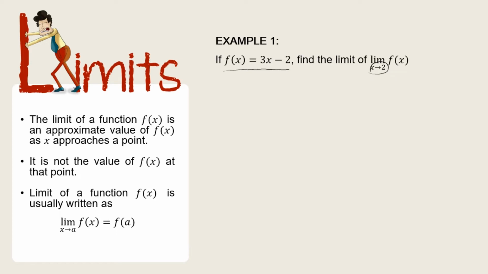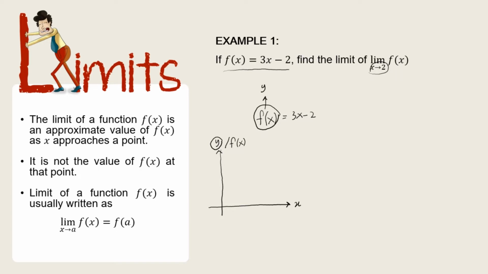For example, in our case, we have f(x) equal to 3x minus 2. Okay, f(x) also is the value of y. When you have a two-axis graph, you have here x and you have here y. Y, we also call it as a function of x.